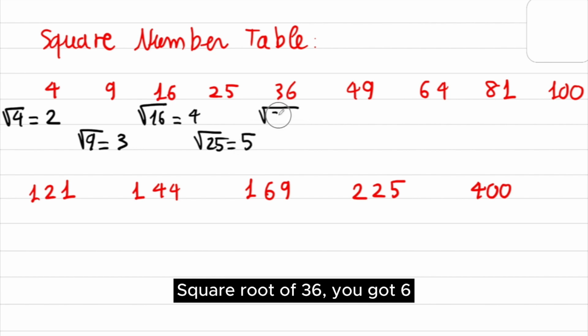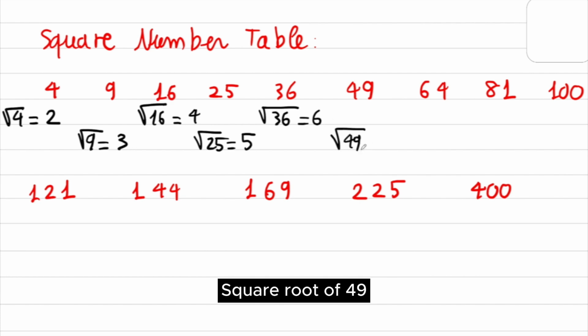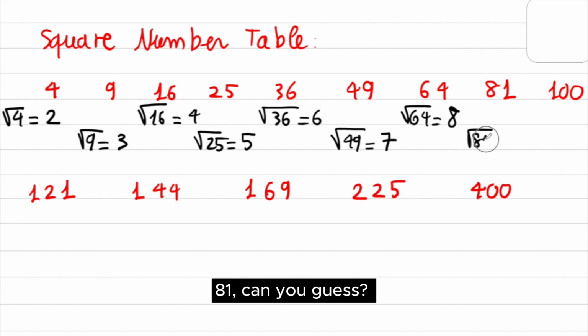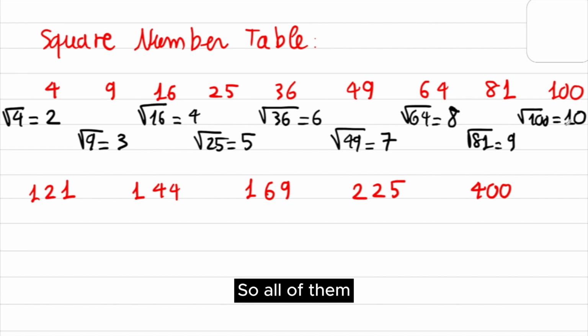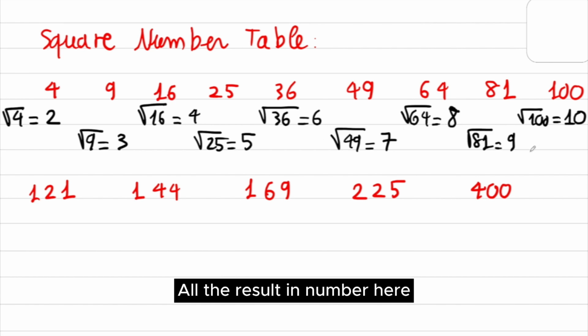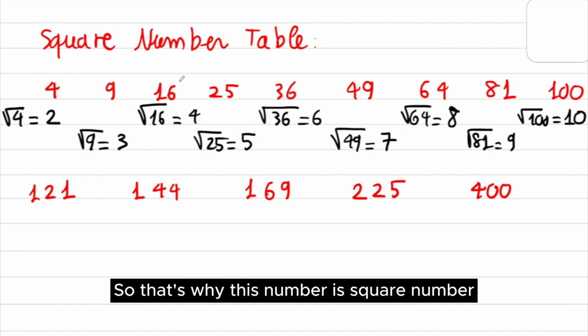The square root of 36, you get 6. The square root of 49, what is the result here? 3, 2, 1. That is 7. 64, that is 8. 81, can you guess? 3, 2, 1. Yeah, that is 9. And 100, what is the result? You get 10. So all the resultant numbers here are integers, and that's why these are square numbers.